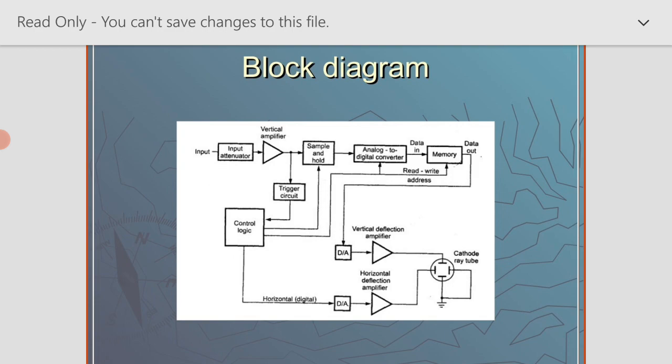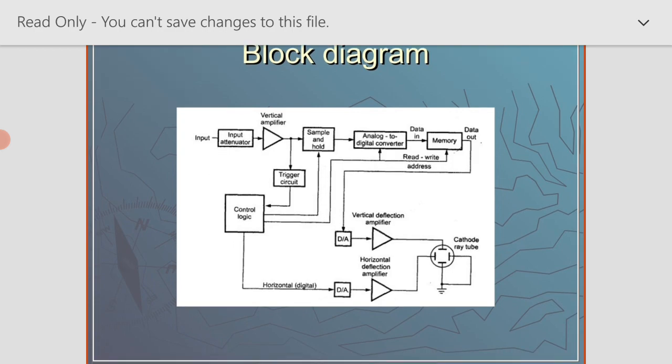The output of ADC is data in, the input given to the memory. Output of memory, data out, is given to the digital to analog converter. The output of the digital to analog converter is given to the vertical deflection amplifier. The output of the vertical deflection amplifier is given to the cathode ray tube.